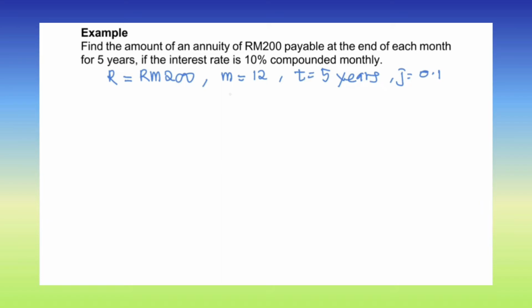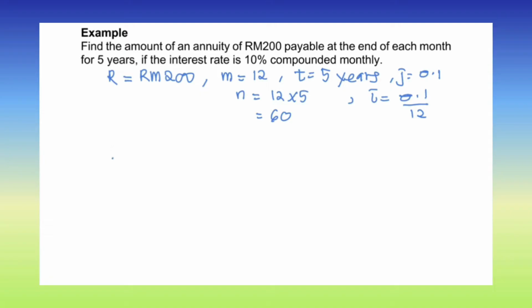Therefore, our N equals 12 times 5 equals 60, and I equals 0.1 divided by 12.